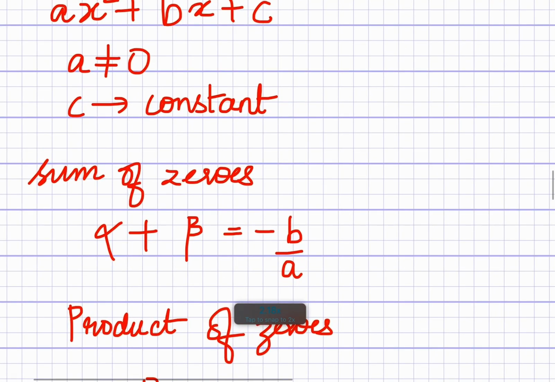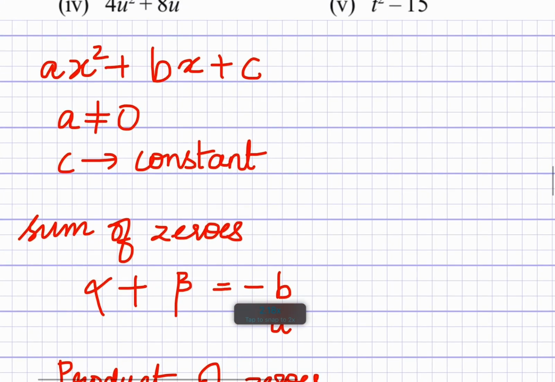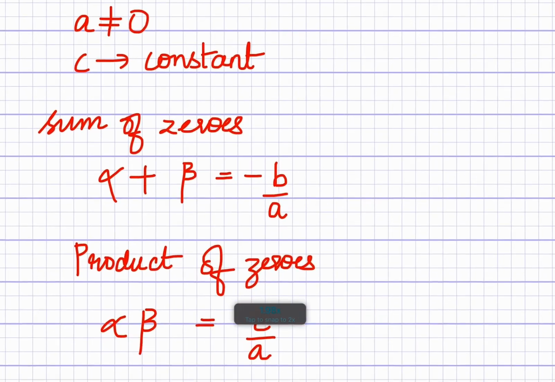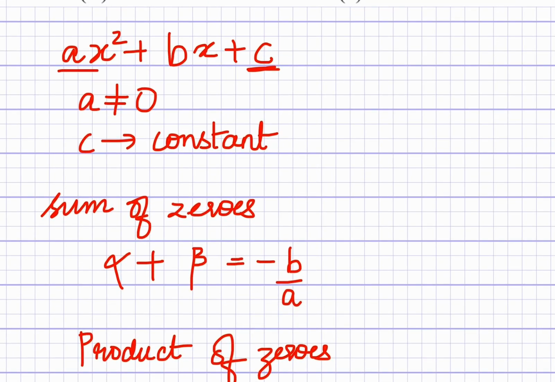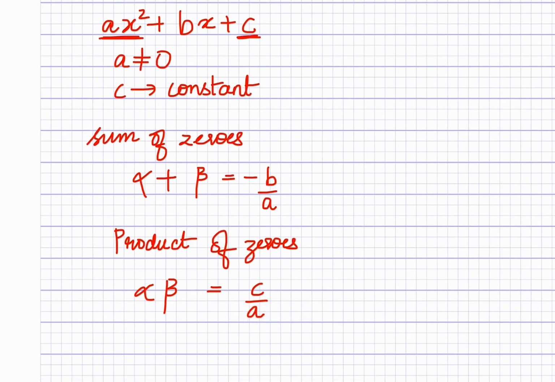Here b is the minus of the coefficient of x divided by the coefficient of x square, and for the product of zeros we take the constant c divided by a, the coefficient of x square. This is how we do the whole thing.